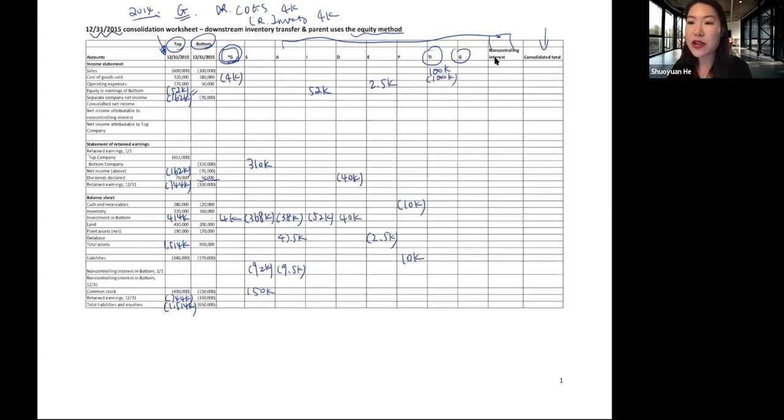And consolidation entry G, the purpose is to defer the profit associated with the intra-entity transfer. And in this case, the profit that needs to be deferred is 6,000. So we debit cost of goods sold for 6,000 and credit our inventory account for 6,000.